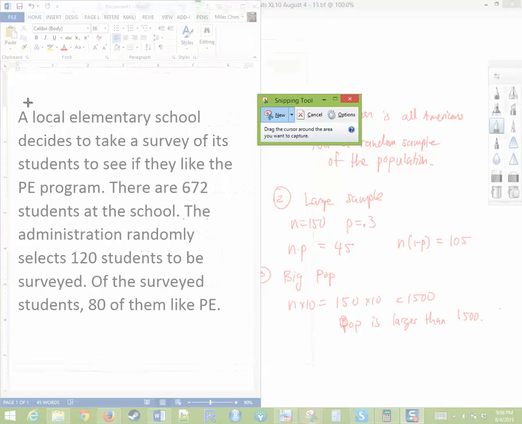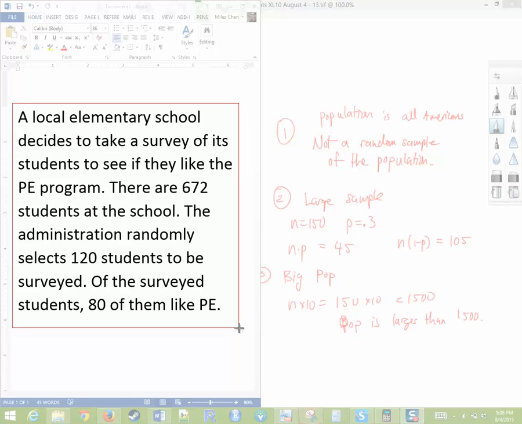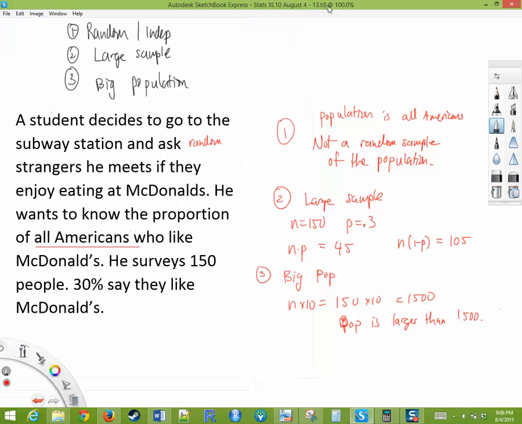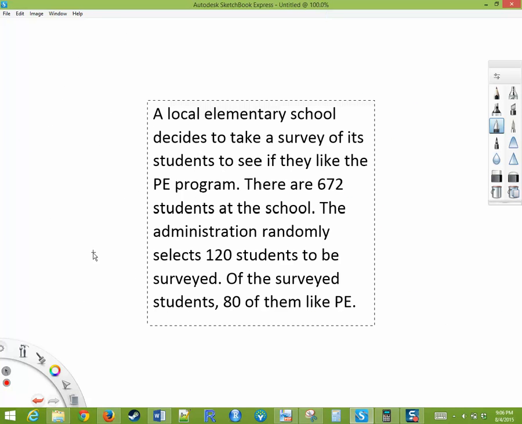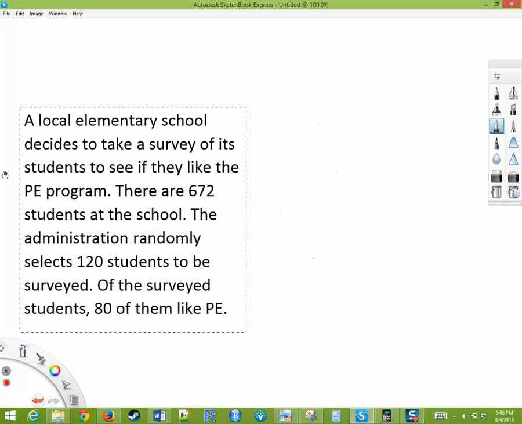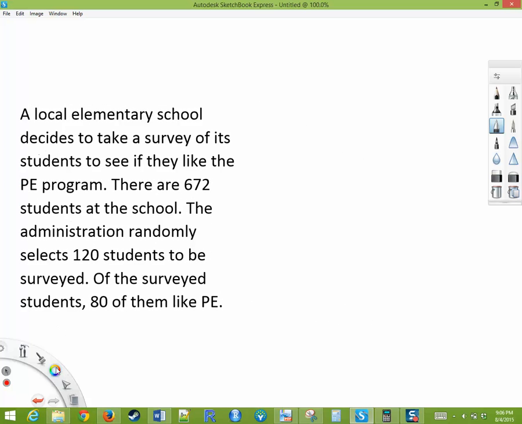Okay, so again, think about your answer here. Don't shout it out. We want to know, are any conditions violated here to use the central limit theorem? To use the central limit theorem, it must be random and independent. You must have a large sample.